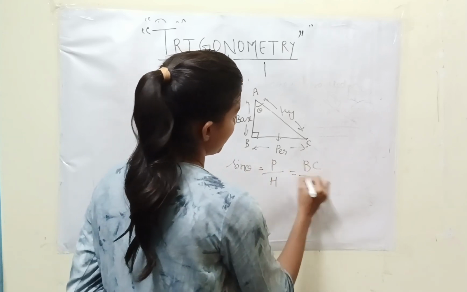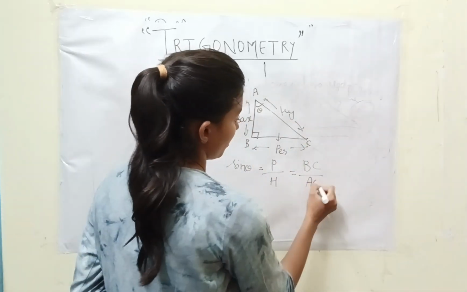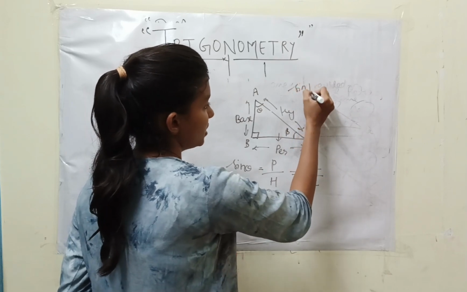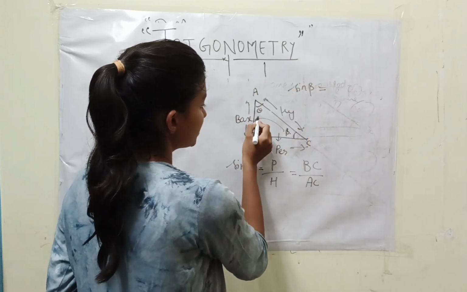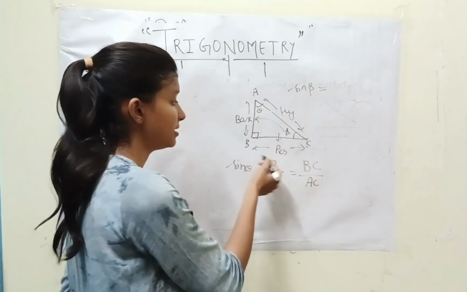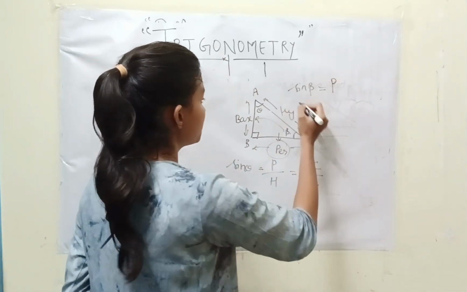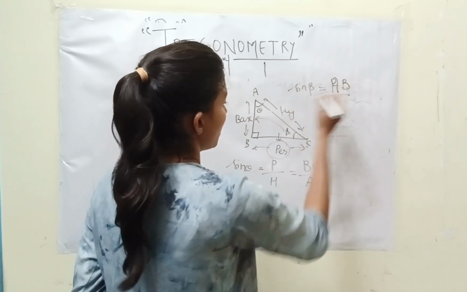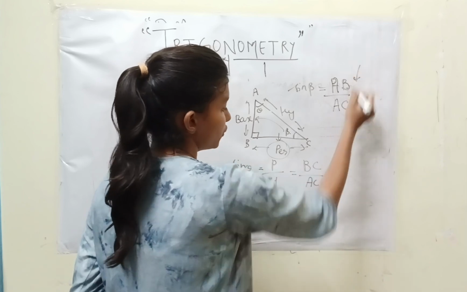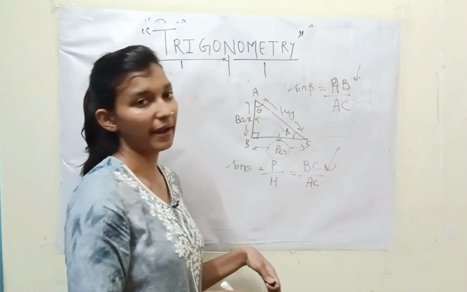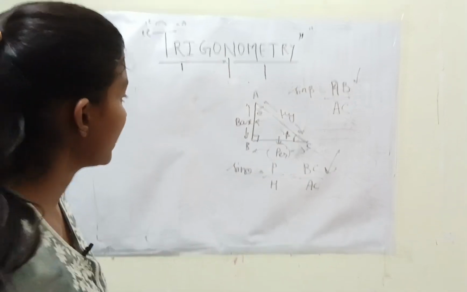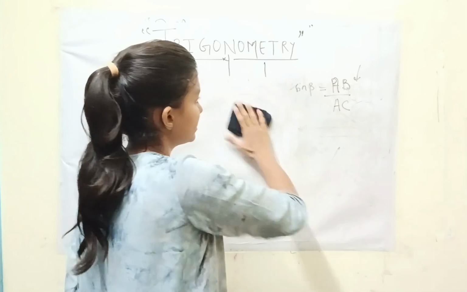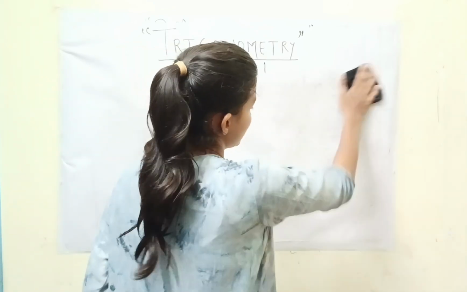This is BC upon AC. But in the case of this angle, suppose this is beta, sin beta will be, now this side is considered perpendicular, which is AB upon the hypotenuse AC. So for different angles, the ratios are defined differently. That's why I am saying specific sides of ratios, because sides can be considered according to the angle of consideration.